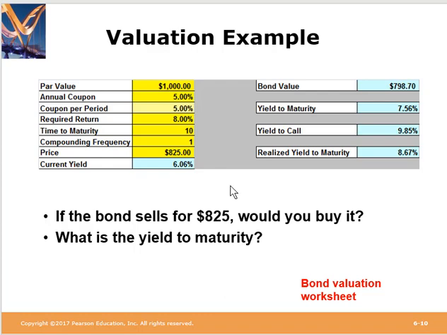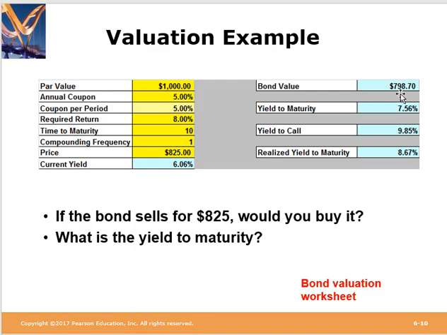The first thing we see is that the current yield is 6.06%. So if you spend $825 for this bond and you receive $50 over the next year, 5% of 1,000, then you will earn 6.06% in year one. The value of this bond is $798.